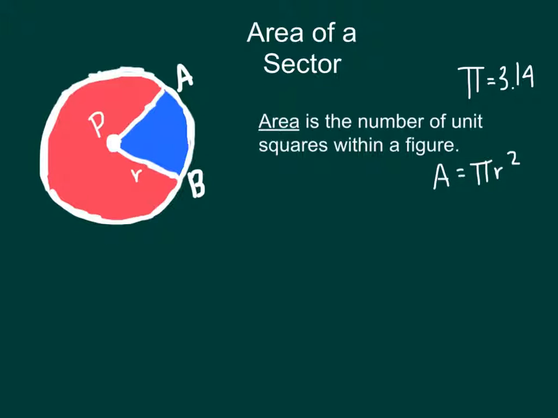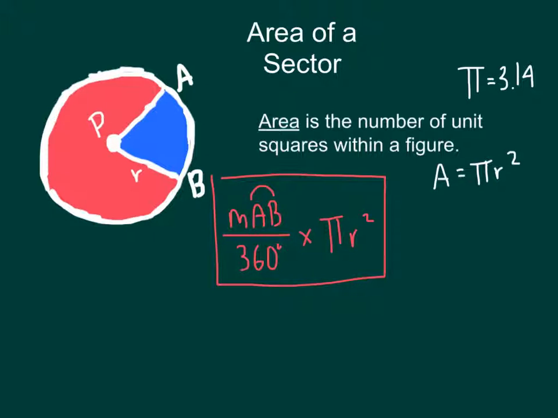Well, that's going to be the measure of the arc AB over the whole circle, which is 360 degrees, which is the same thing we saw with arc length. Then we will multiply this by the area of the entire circle, which is, again, pi times the radius squared. And here is our formula for the area of a sector.